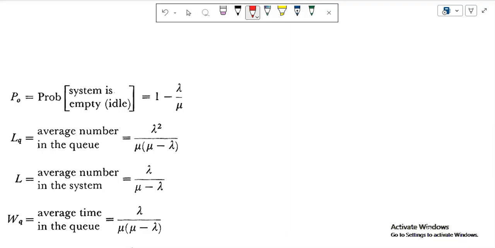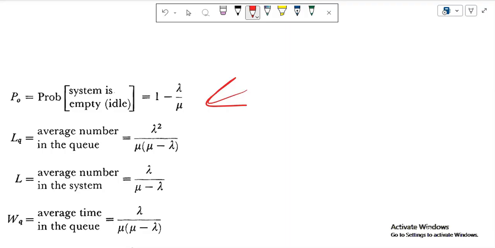As per the screen, we can see that the first formula is talking about the probability of the system being idle. The probability of the system being idle is 1 minus lambda over mu. Basically what this means is that when you are certain, the probability is 1.